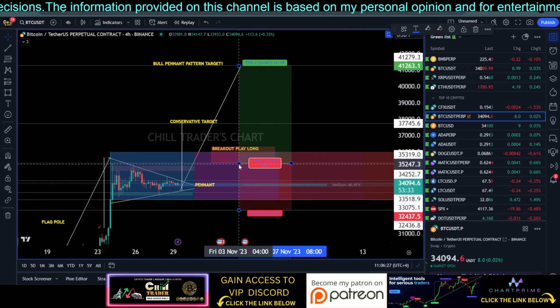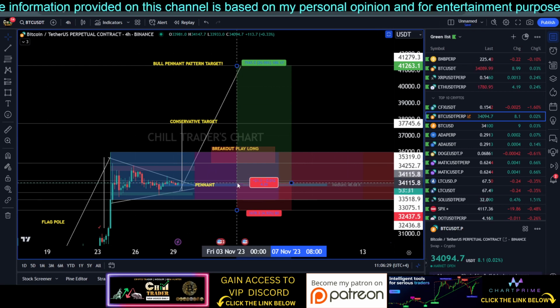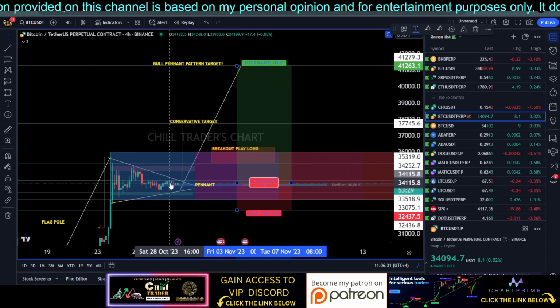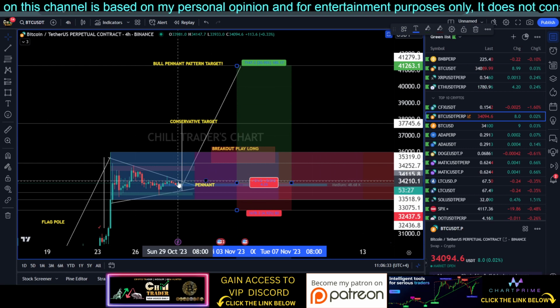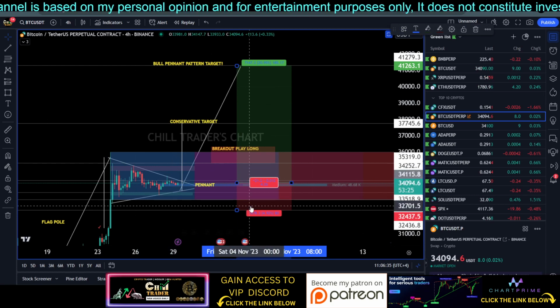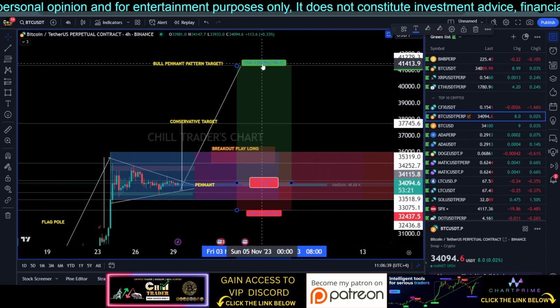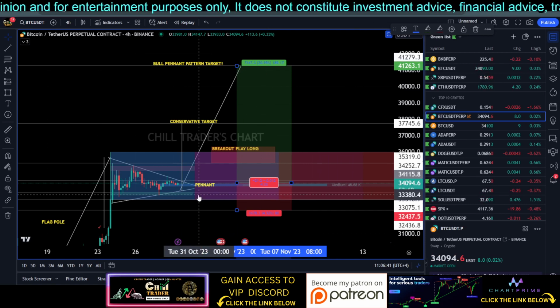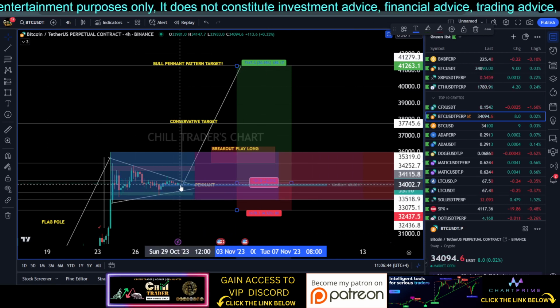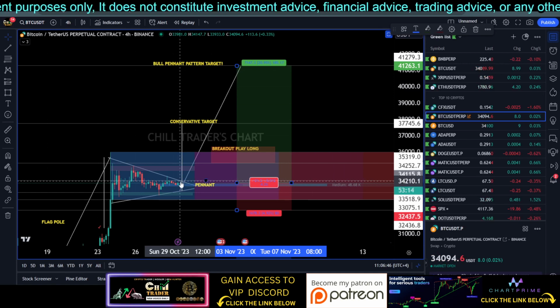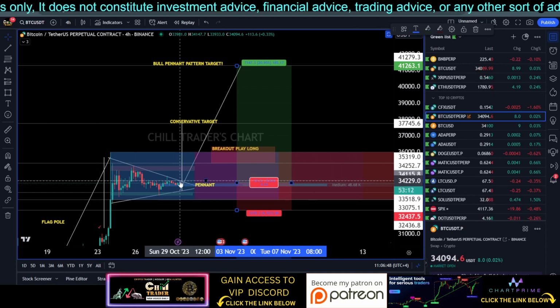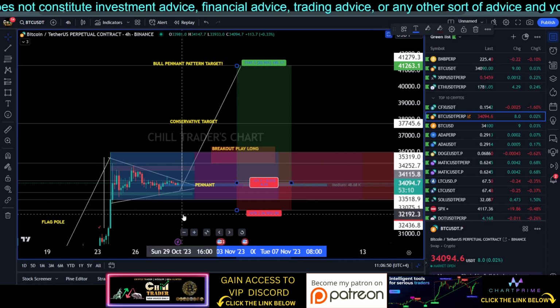Now, if you want to go in right now and take a long position without waiting for a confirmation, that will give you 5% risk and a possible 20% reward. But again, this could still get rejected from this area right here and break out to the downside.